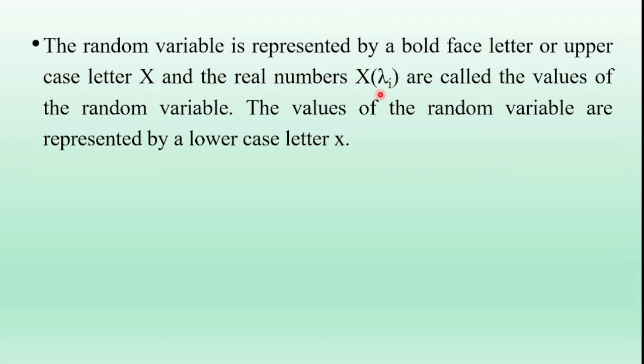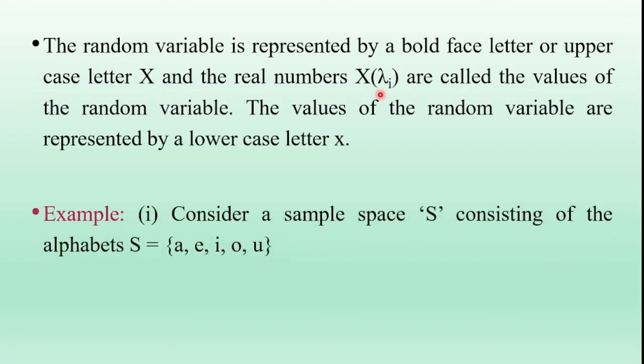The values of the random variables are represented by lowercase letters, that is small x, small y, small z, like that. Random variables are represented by uppercase letters, that is capital X, capital Y, capital Z, etc., and values of the random variables are represented by lowercase letters, that is small x, small y, small z, like that.